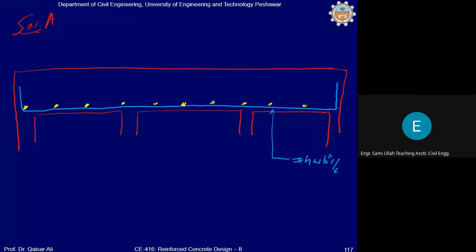And the spacing is number 4 at Any question? Similarly, the top reinforcement at discontinuous end.